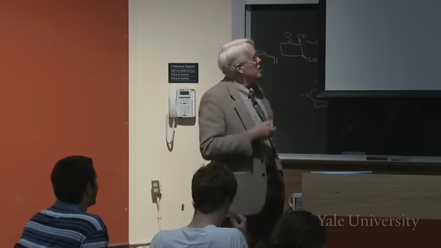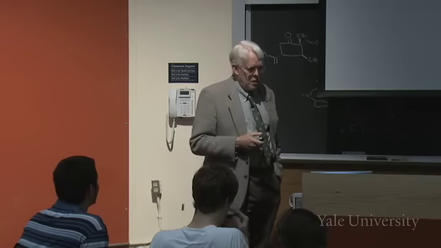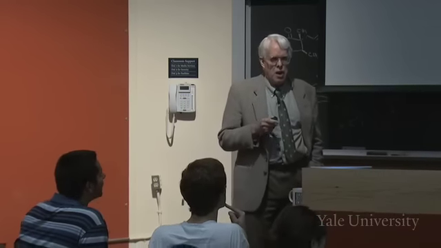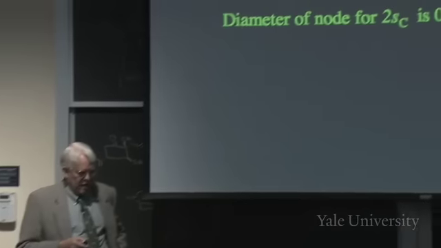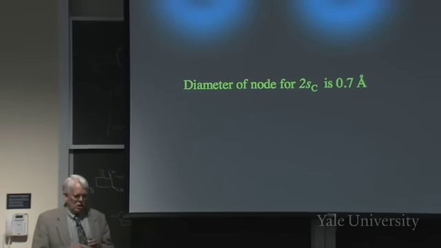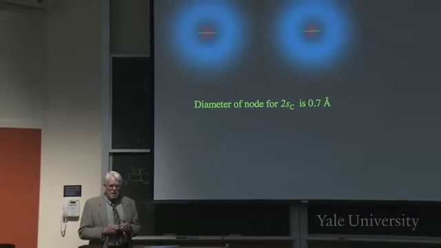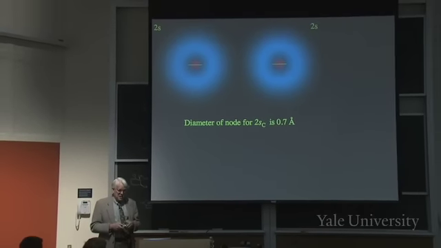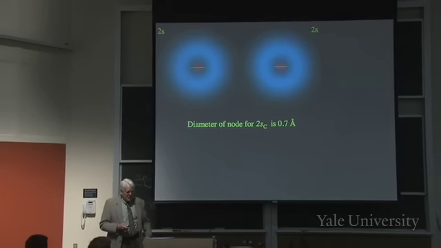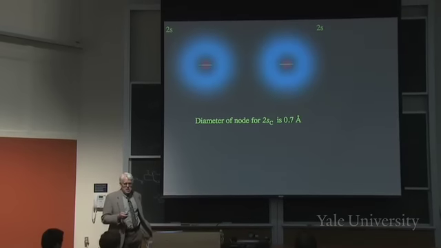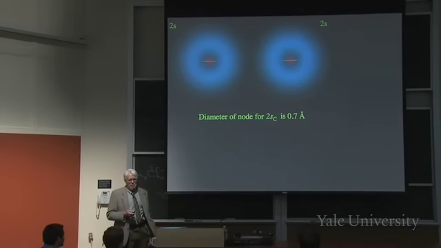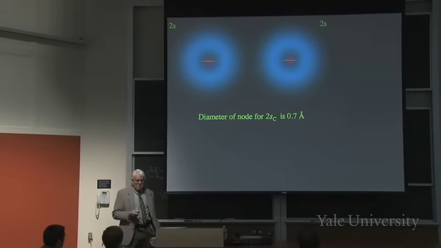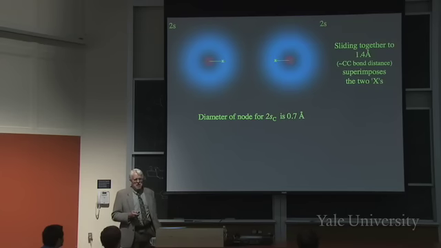Okay, so first let's just look for scale. Here are the 2s orbitals of a carbon atom, and you can work out with your formulas that the diameter of the spherical node is 0.7 angstroms. That means we have a distance scale here. Now, the distance between two carbons when they're forming a bond is roughly 1.4, 1.5 angstroms. So we can use that 0.7 angstrom scale to see how far we have to slide these together to get them to bonded distance.